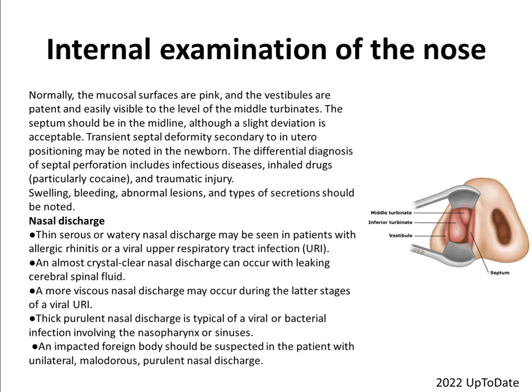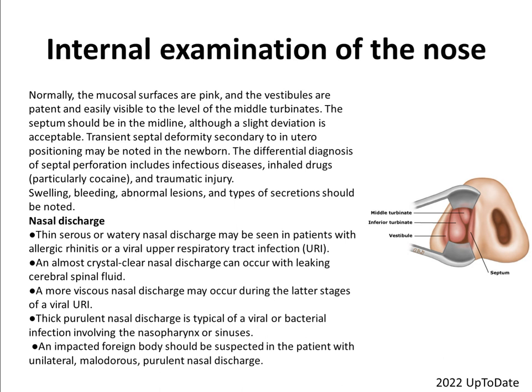Internal examination of the nose is the next step of clinical exam of the child. Normally, the mucous surfaces are pink and the vestibules are patent and easily visible to the level of the middle turbinates. The septum should be in the midline. Also, a slight deviation is acceptable.